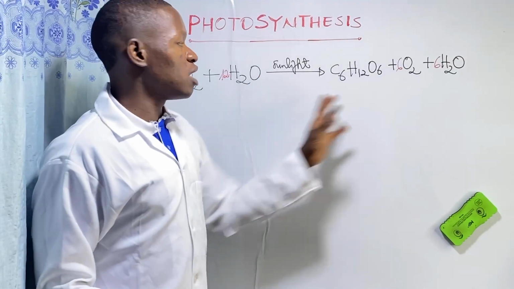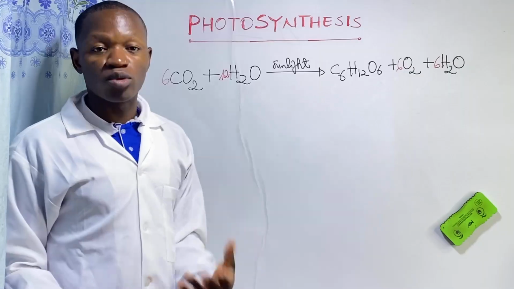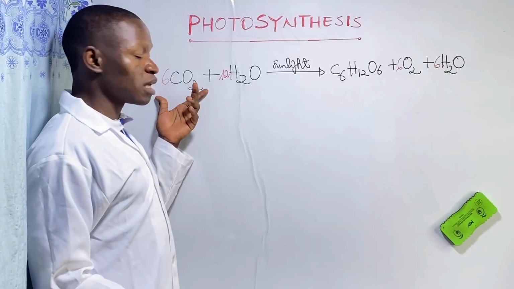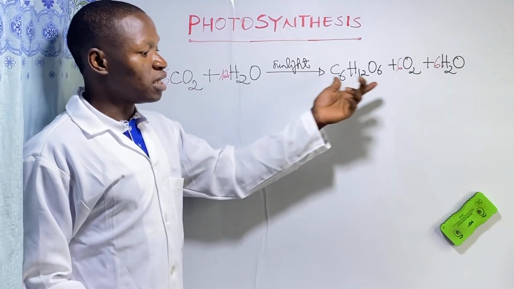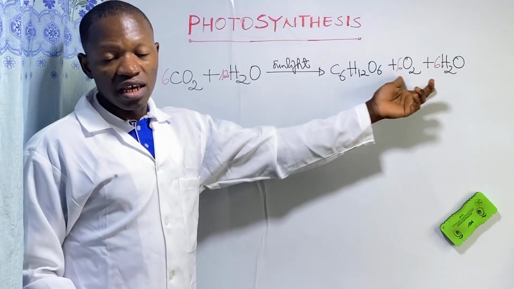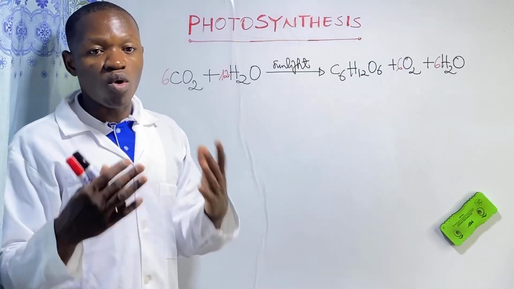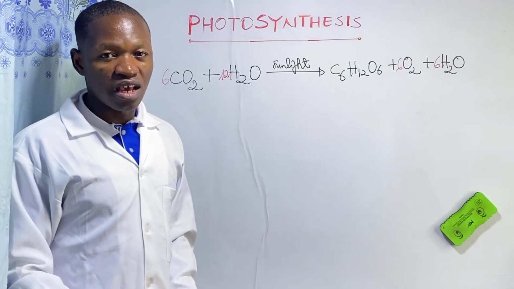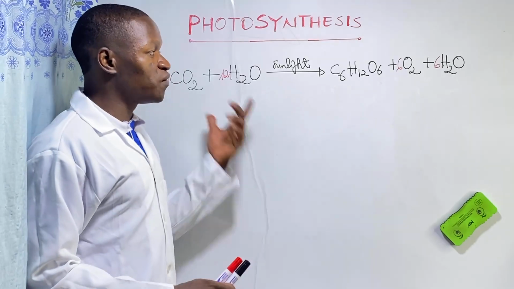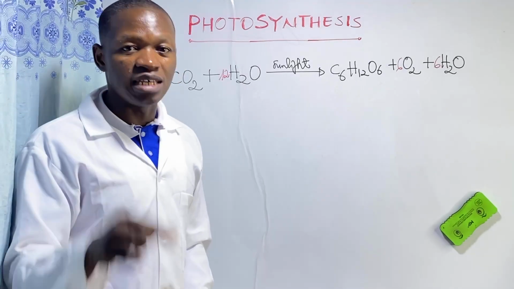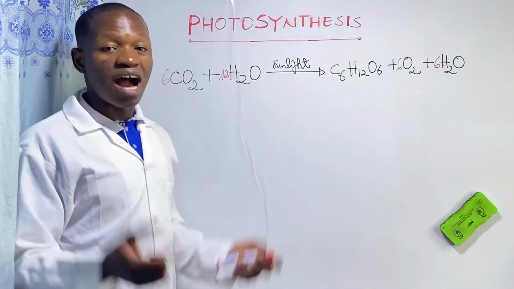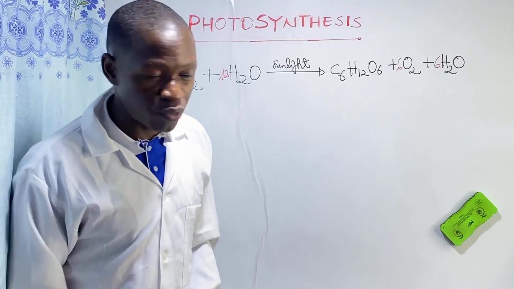Because if we subtract 6 water molecules from both sides, then we shall have 6 carbon dioxide plus 6 water gives us glucose plus oxygen. In that case, overall, water is used in photosynthesis. But what you must note is that in photosynthesis, water is a reactant and water is also a product.